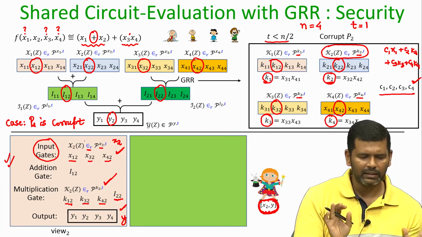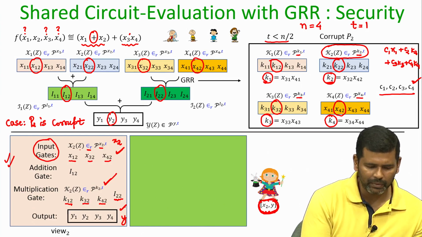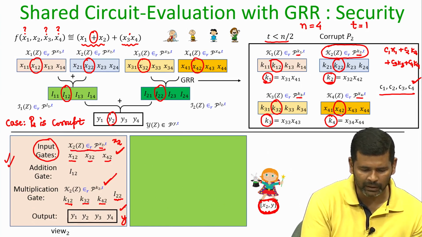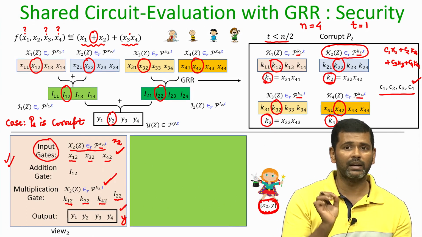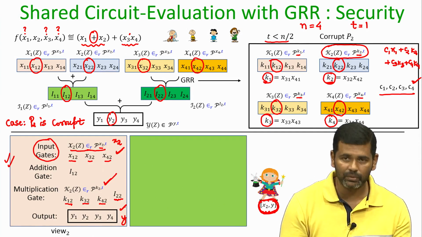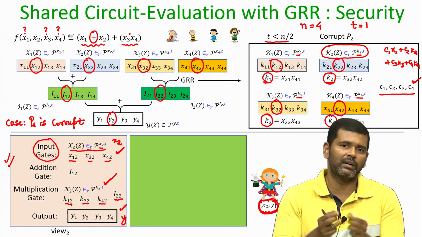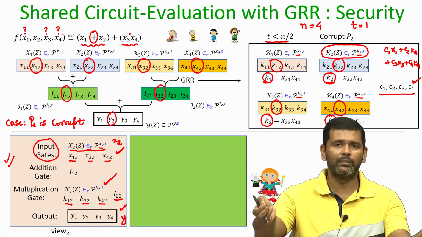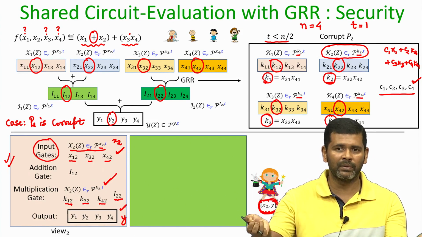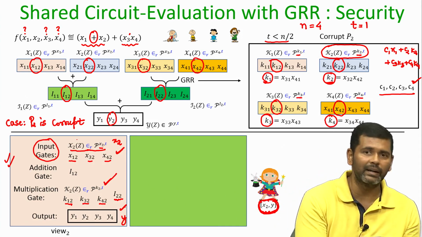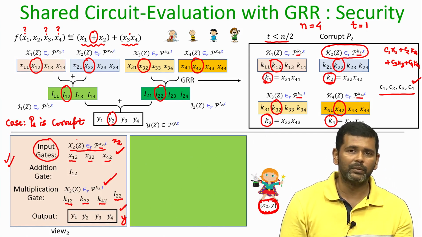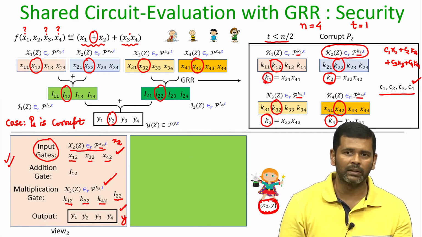So, what exactly are the components of the view? With respect to the input gates, P2 has its sharing polynomial, whose constant term is x2, but that polynomial is a random polynomial. Now, since x2 is anyhow known to the simulator, the simulator can just write down a random t degree polynomial whose constant term is x2, and its probability distribution will be identical to the probability distribution of this fancy x2 polynomial.